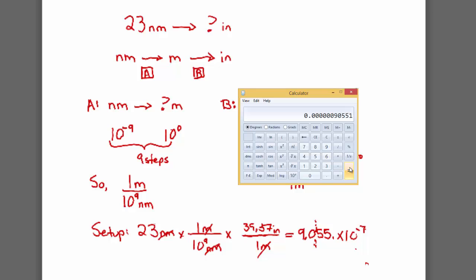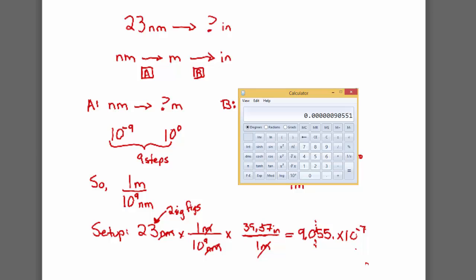Now we are not going to keep all of our calculator answer, so we probably have to limit our number of significant figures. Looking back at my measured values, 23 nanometers has 2 sig figs, and the only other portion of my calculation that has a measured value is not in nanometers to meters, since this is within the same system, but in going from meters to inches, that is going from metric to English.